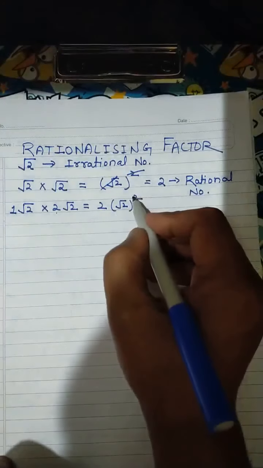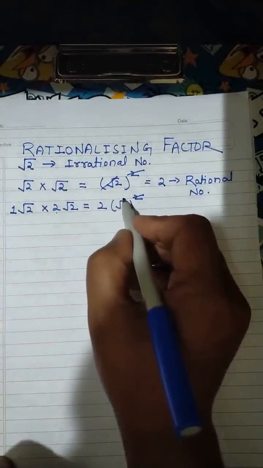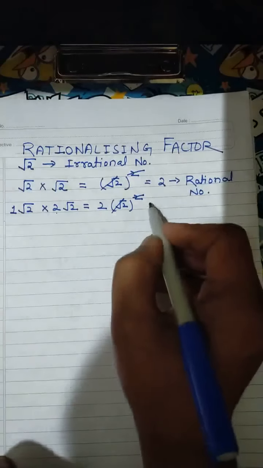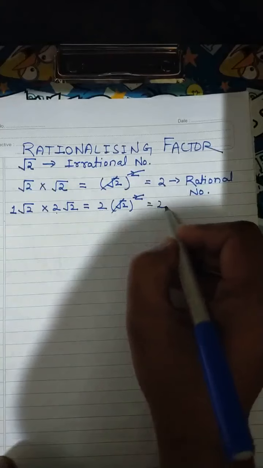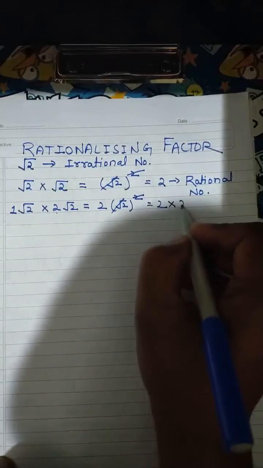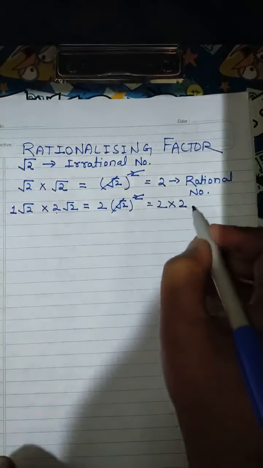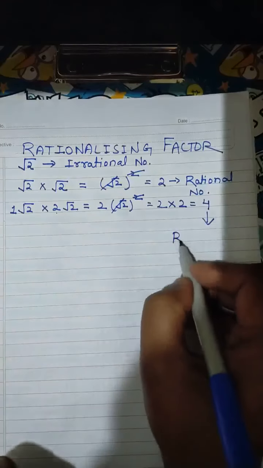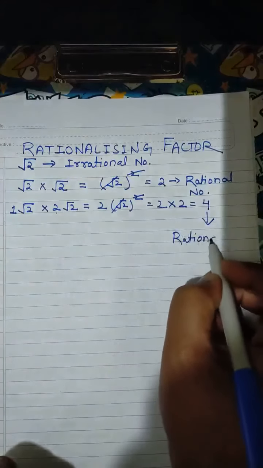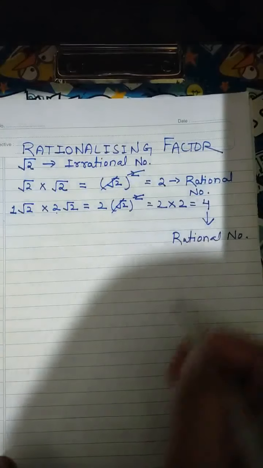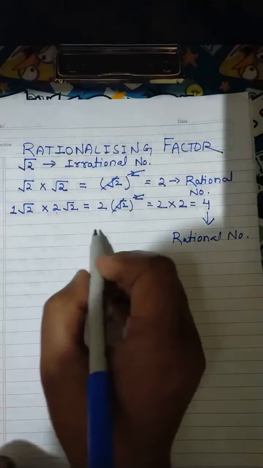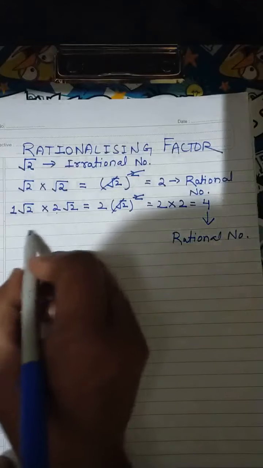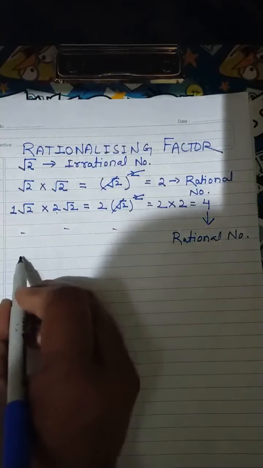Then the square and square root cancel, we get this 2 as it is, and this 2 is multiplied by this 2. So we get 4. This is also a rational number.